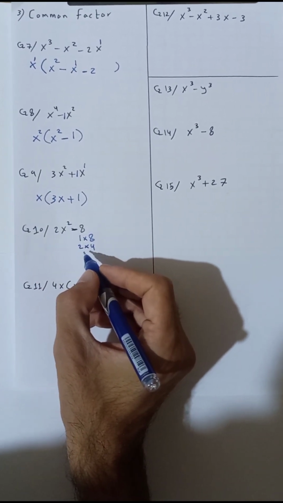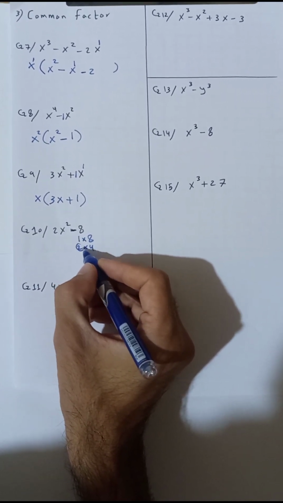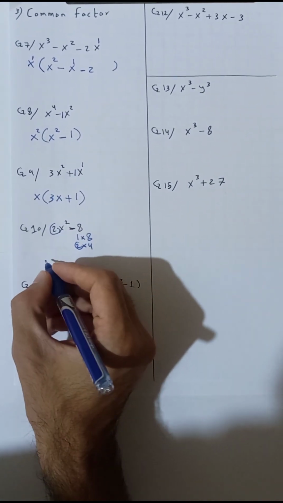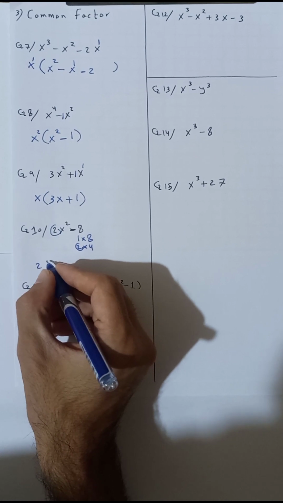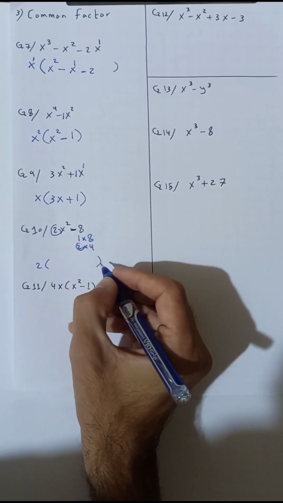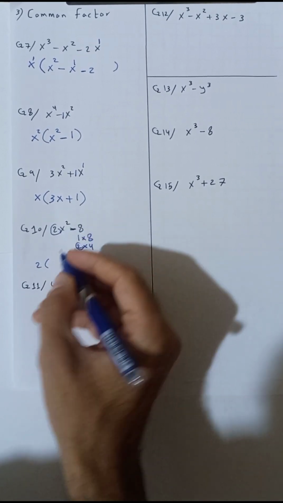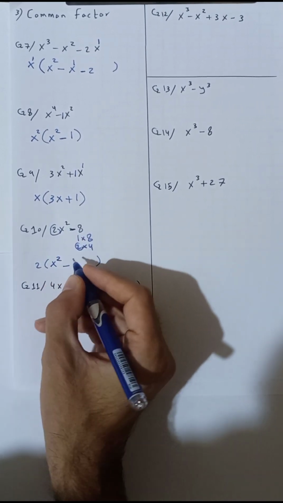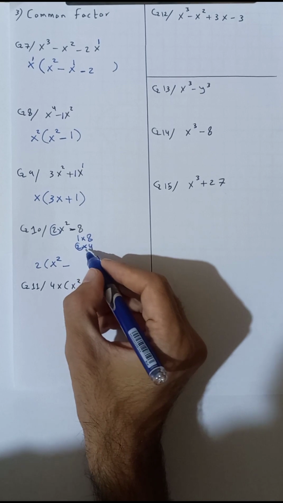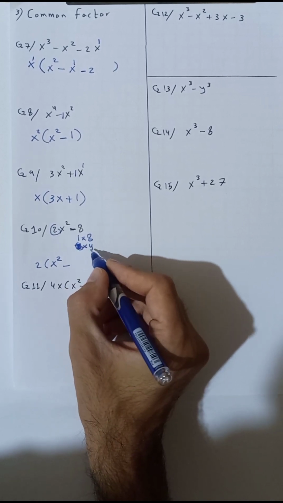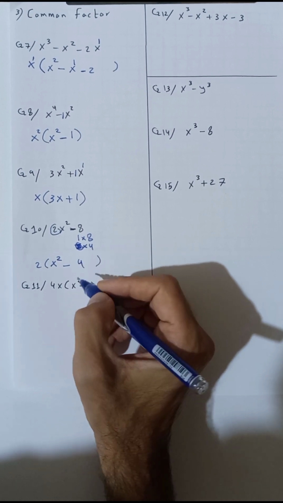What's common is 2. Let's write common factor and open parentheses. The leftover here is x squared minus, the leftover here we remove 2. The leftover is 4.